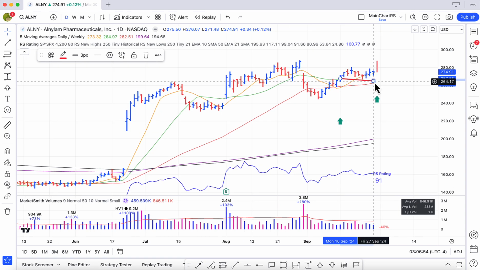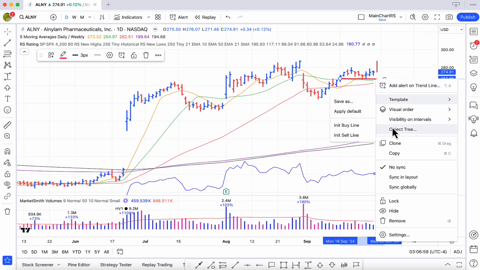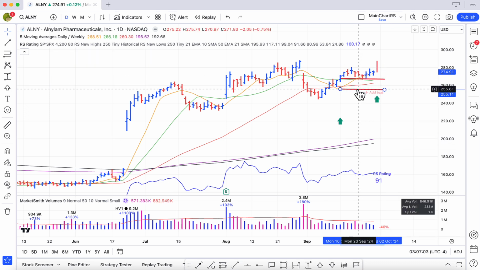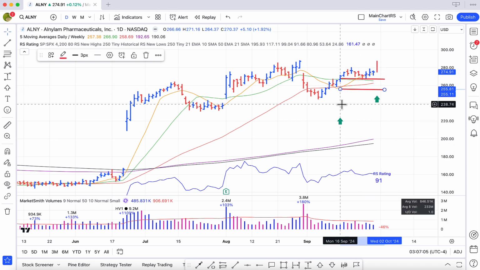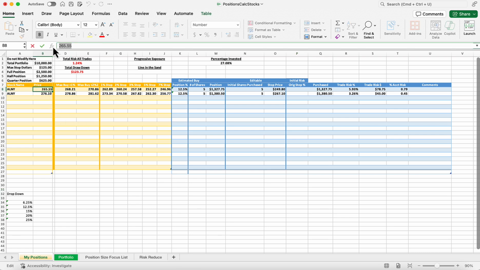I actually put two horizontal lines, and I'll just quickly draw that. I put two horizontal lines, and then I put in my buy price and my stop price. So on this one, let's say I bought it at 265.55.